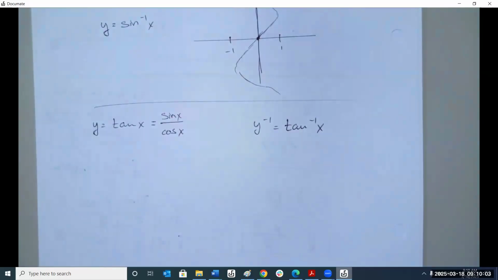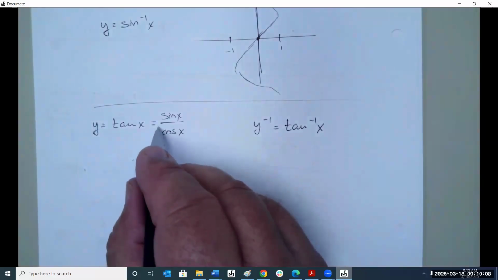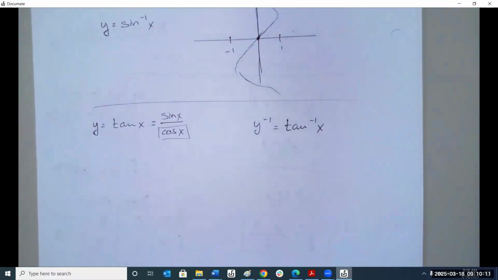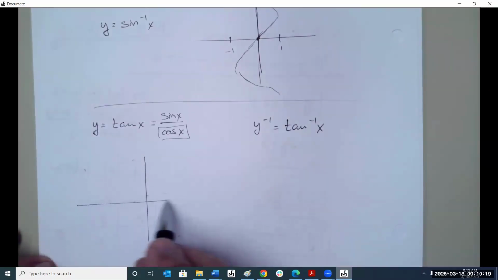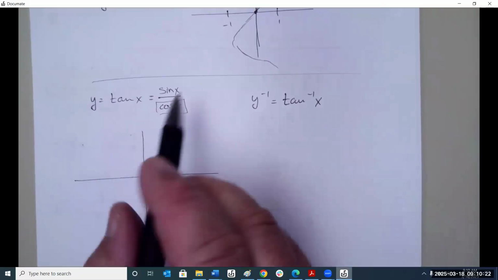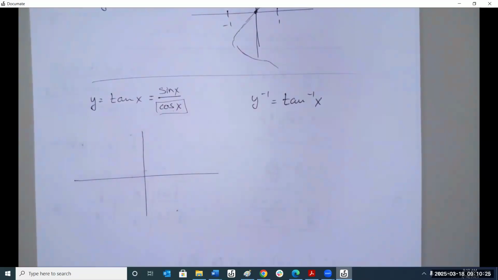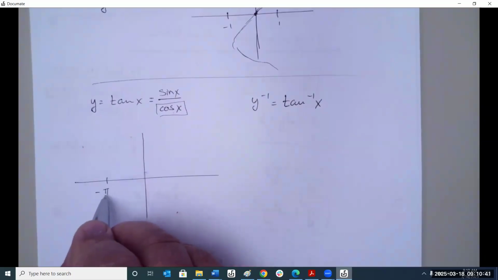Sine over cosine. Because it's a rational expression, what can you not have on the bottom? Zeros. So what values of cosine give me 0? Pi over 2 and negative pi over 2.